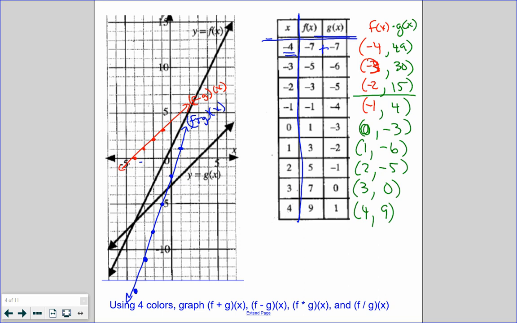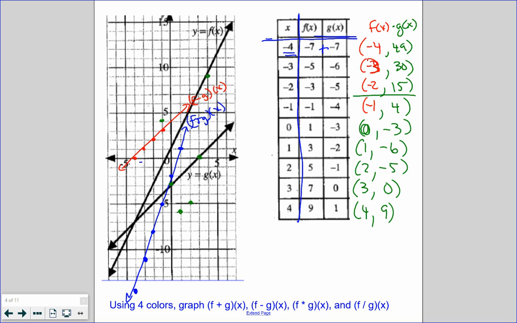So I've got -1, 4, 0, -3, 1, -6, 2, -5, 3, 0, 4, 9.